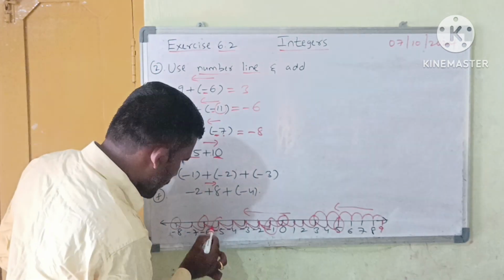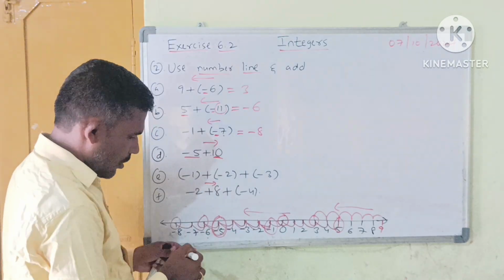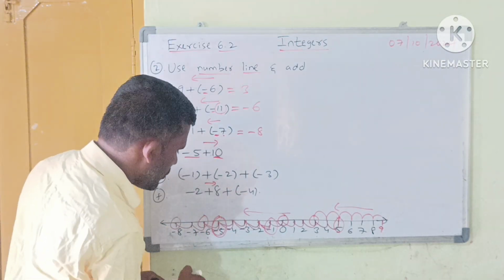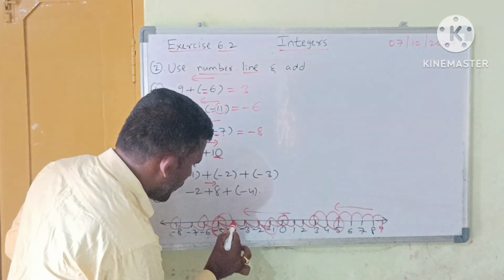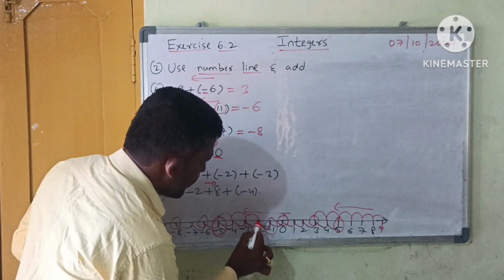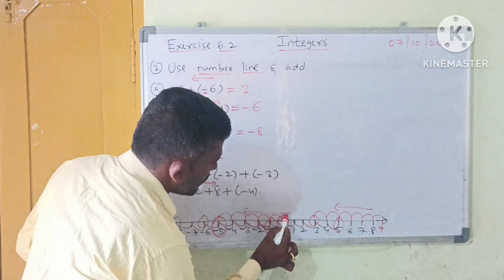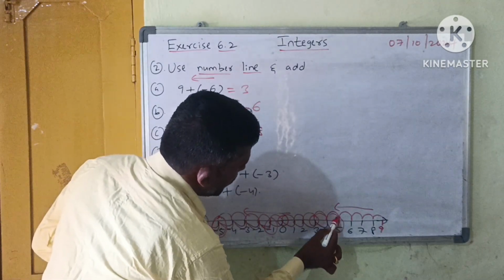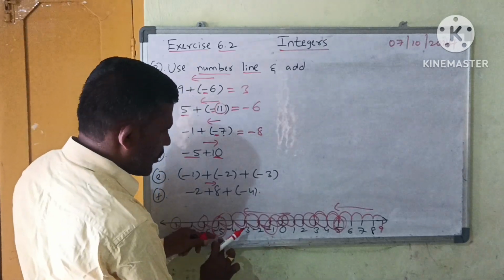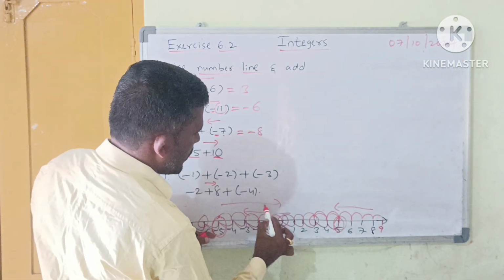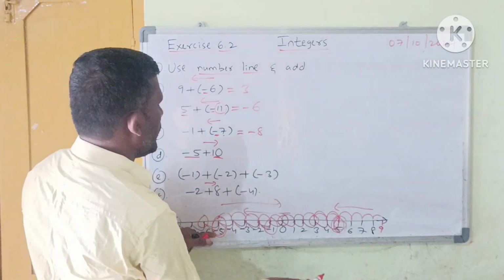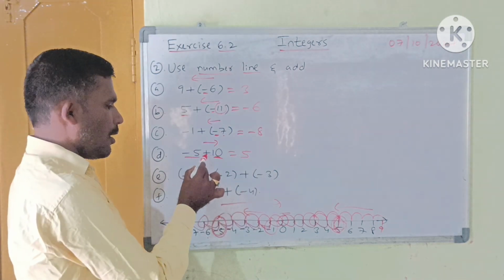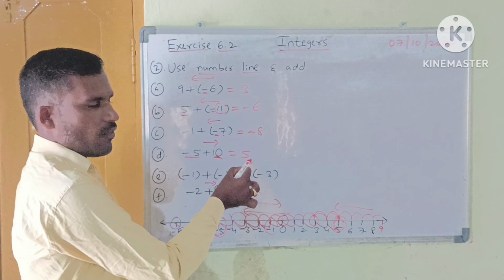So minus 5 here, you have to move to the right side 10 steps. So 1, 2, 3, 4, 5, 6, 7, 8, 9, 10. So when we move from minus 5 to the right side 10 steps, we stopped at 5 only. Therefore minus 5 plus 10 is 5 only.